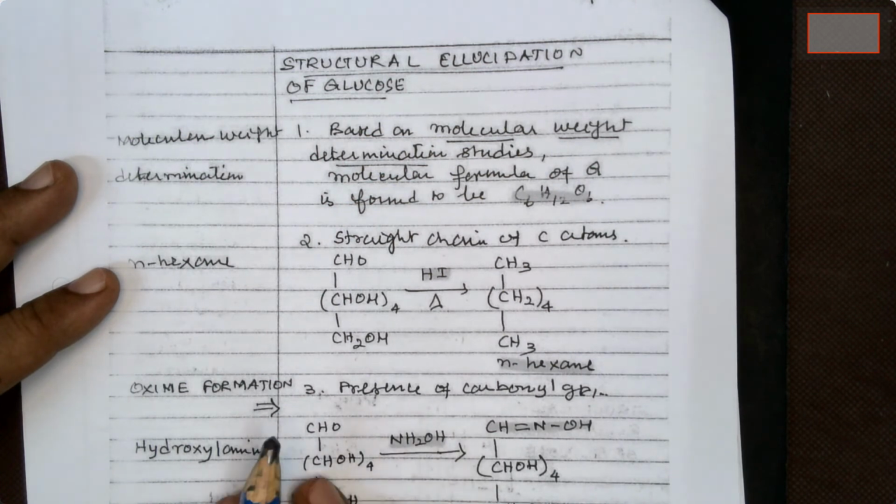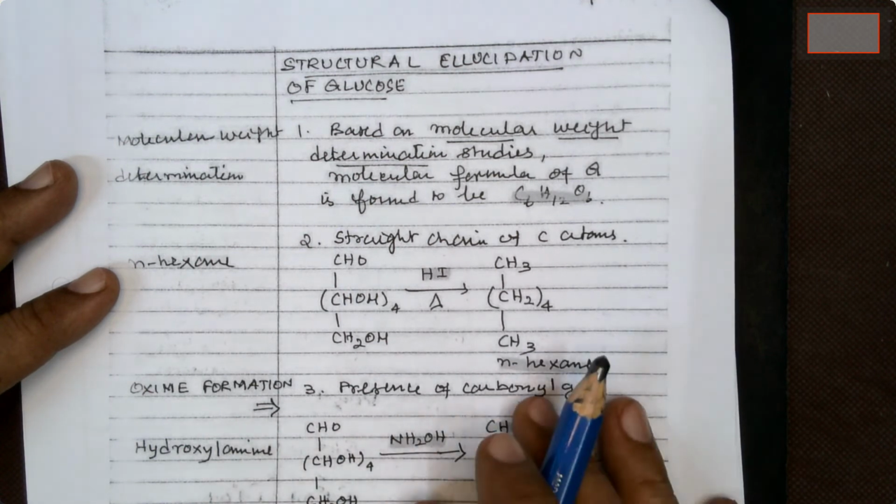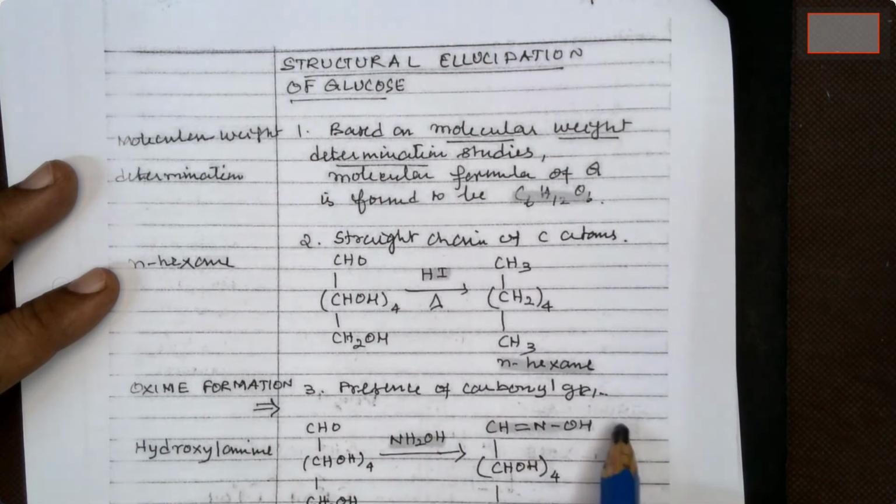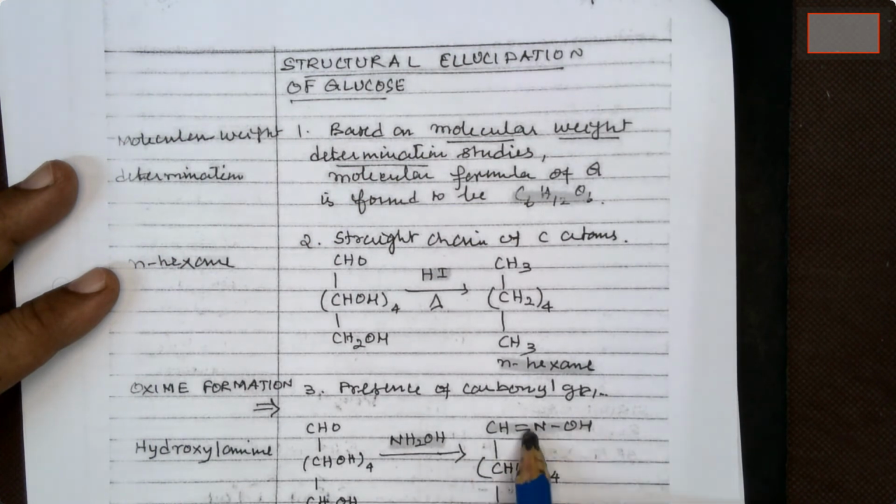It reacts with an aldehyde to give an aldoxime, and with a ketone to give a ketoxime. Here we get the aldoxime from CH double bond O. The OH and the O, together with H, combine to form water, and the water is eliminated.